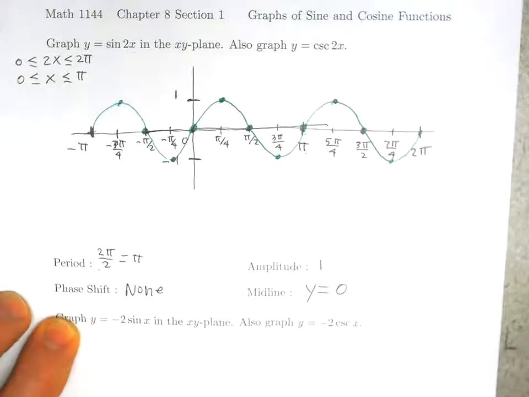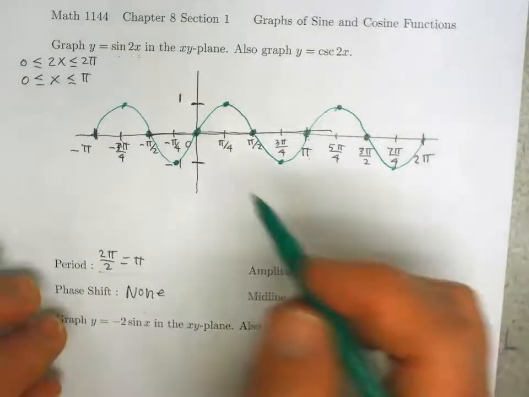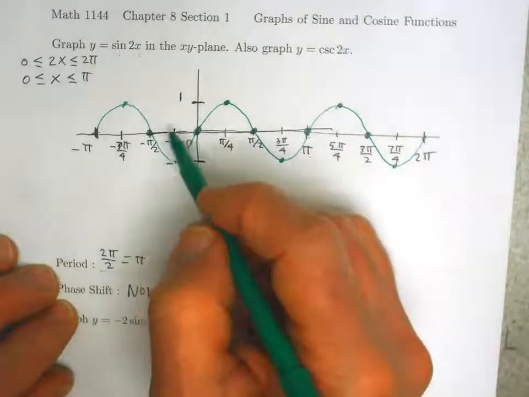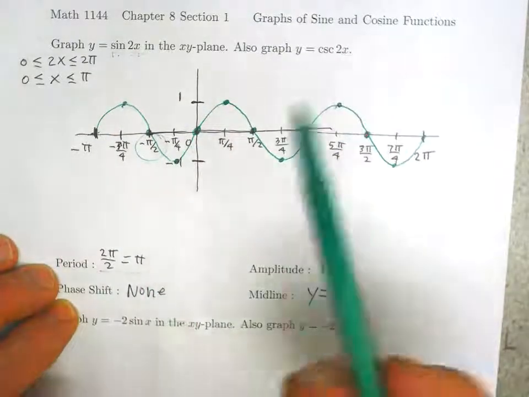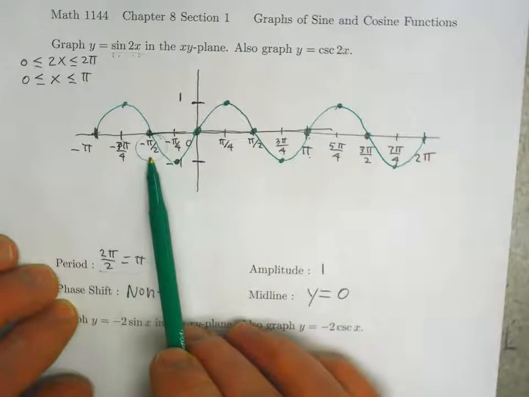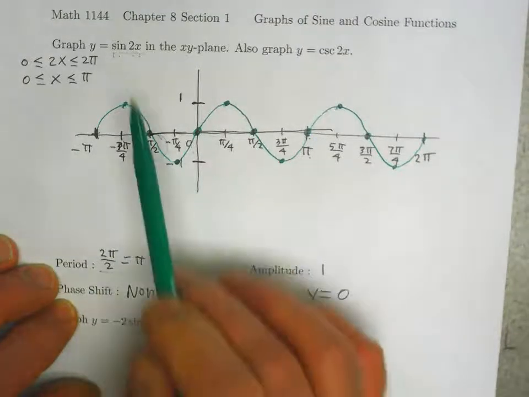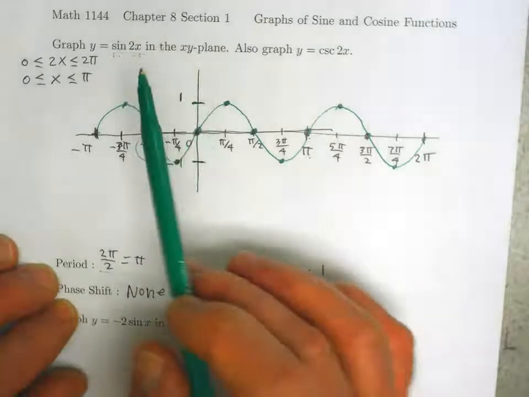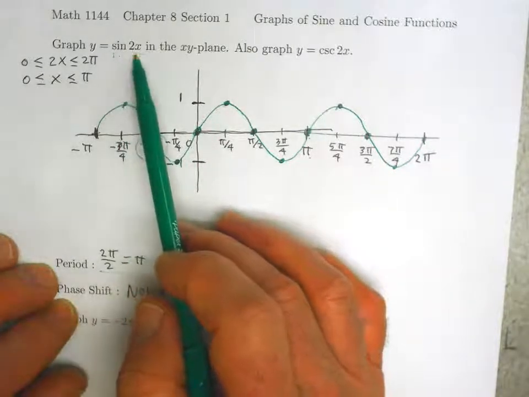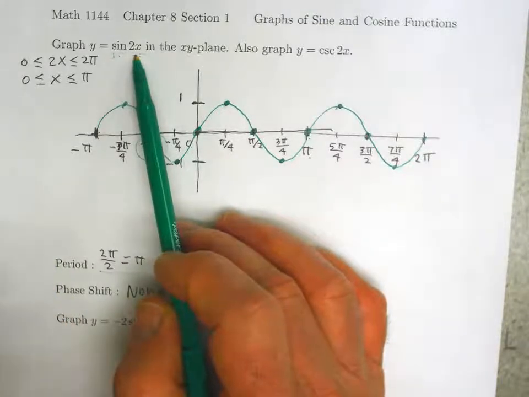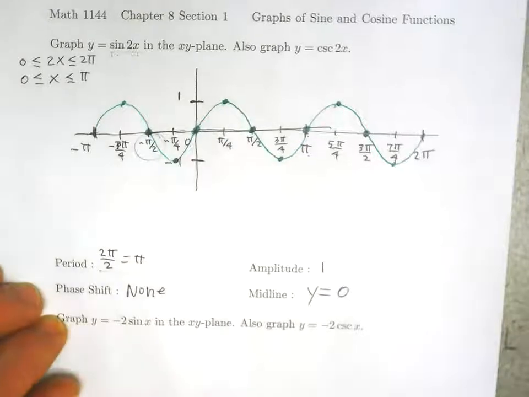So there you have it. You can verify that you're getting the right outputs just by evaluating the function. So we'll just do one of those. If x is negative pi over 2, 2 times negative pi over 2 is negative pi. Sine of negative pi is the negative of sine of pi, which is 0. So we have a point on the x-axis.